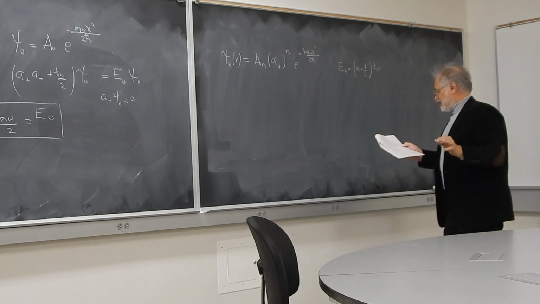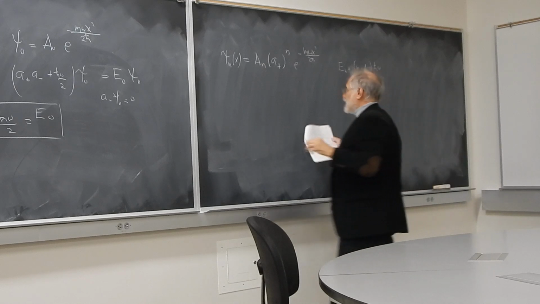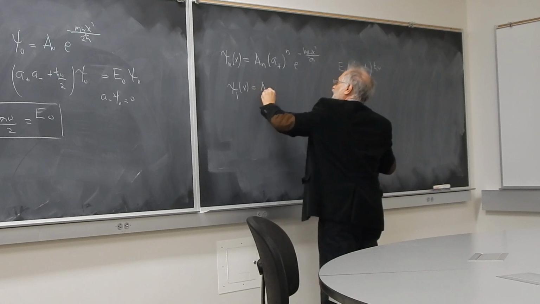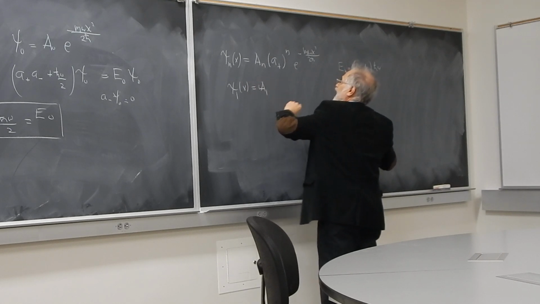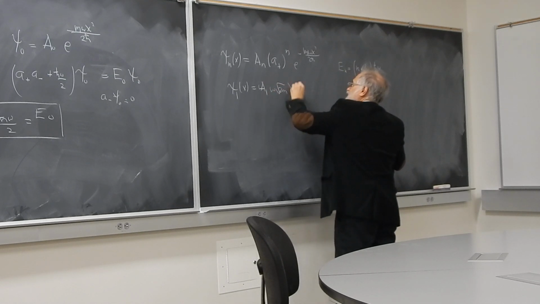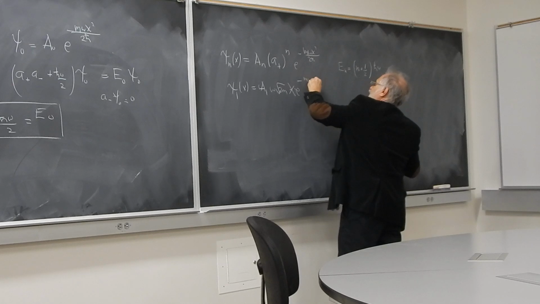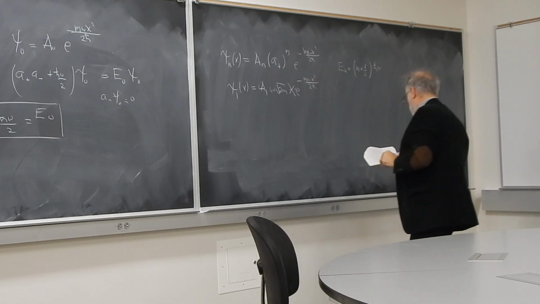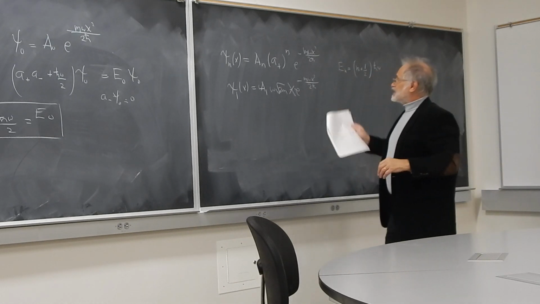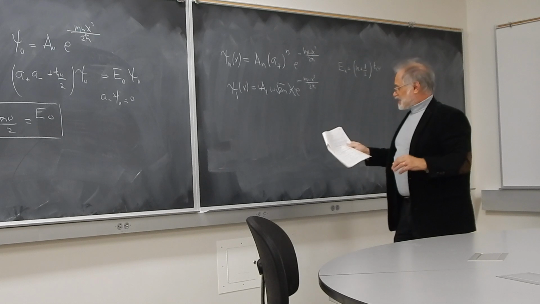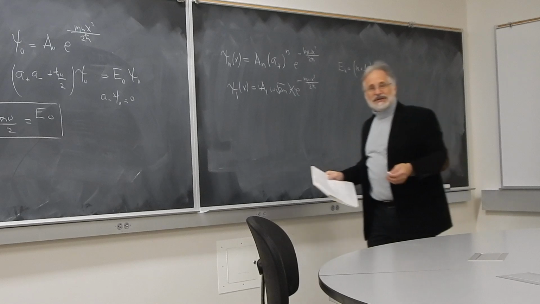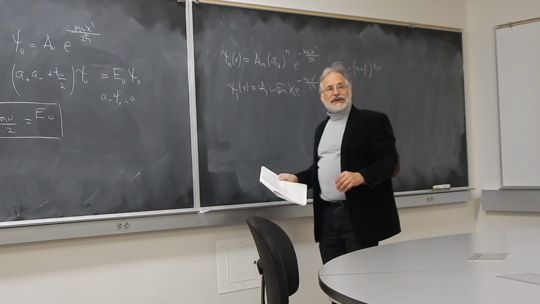That's my energy eigenvalue for the nth energy level. So for example, if I want to go just to the first excited state, psi 1 of x would be equal to a1 times i times omega square root 2m x e to the minus m omega x squared over 2h bar. That's what I would get for the first excited state if I just did a plus to the first power. And this is how I would generate all of the eigenfunctions for the harmonic oscillator.